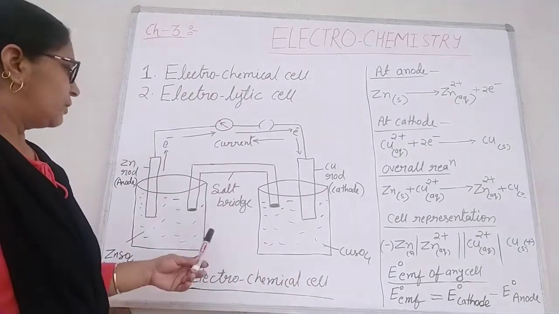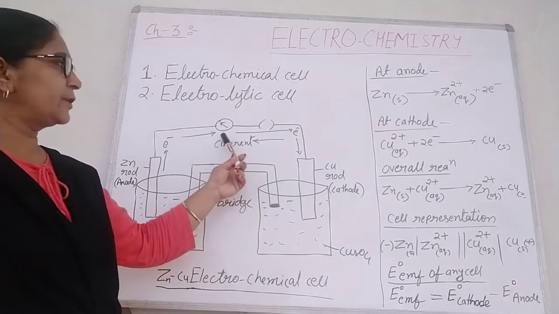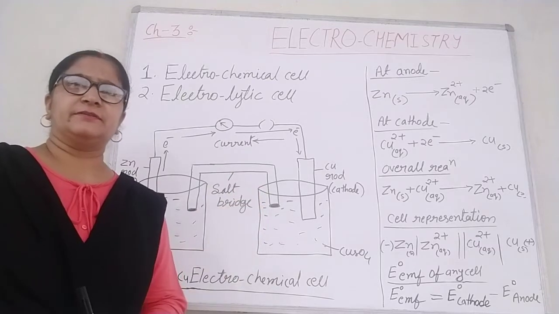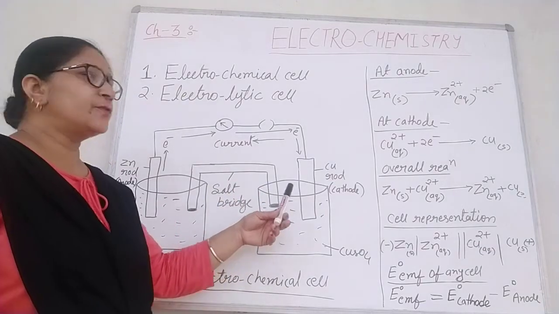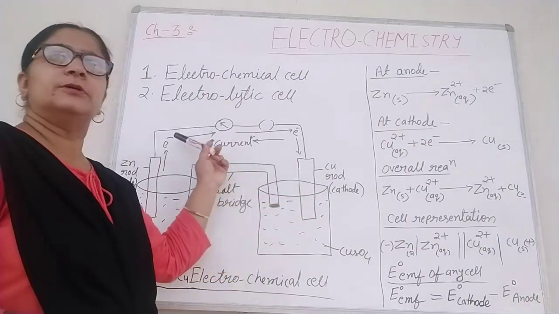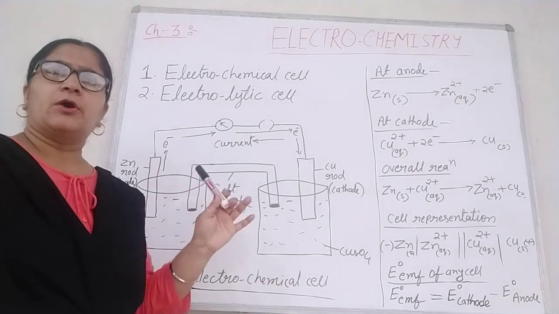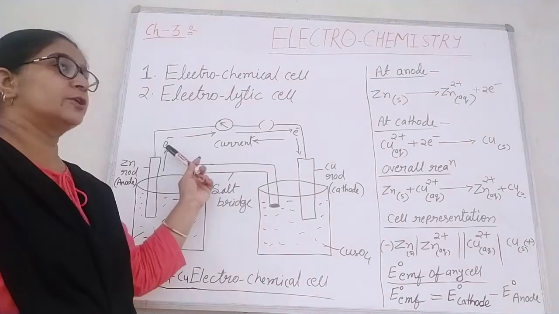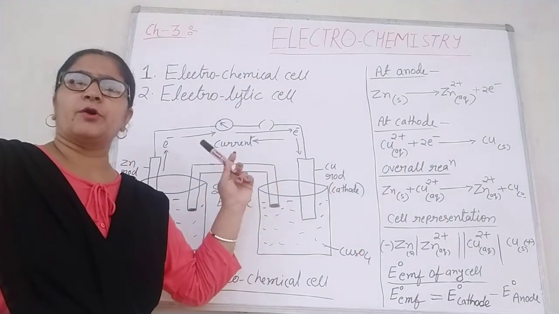First, we will see that galvanometer is giving deflection towards left side. It means current is flowing from copper rod to zinc rod. Or we can say that electrons are moving from zinc rod to copper rod.